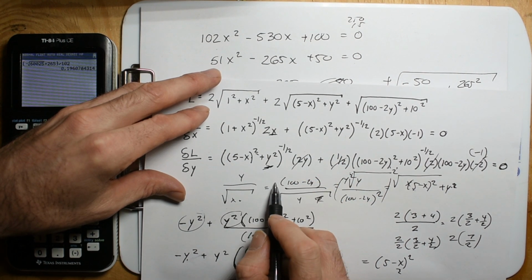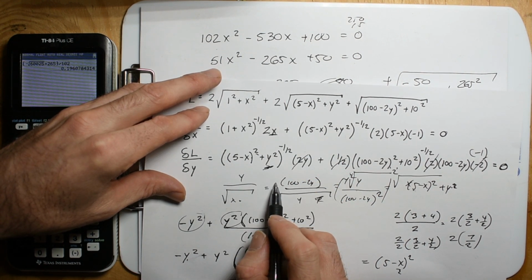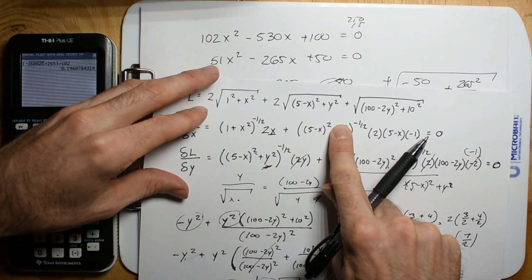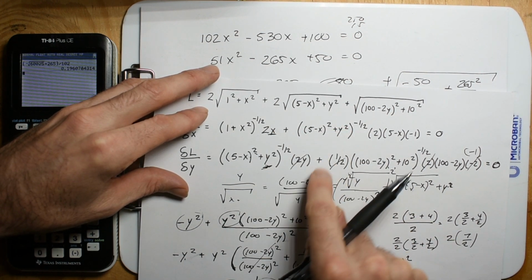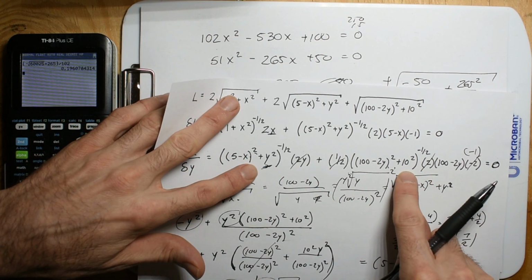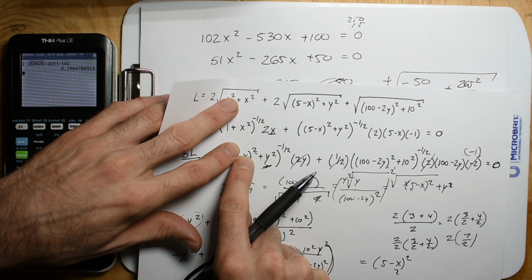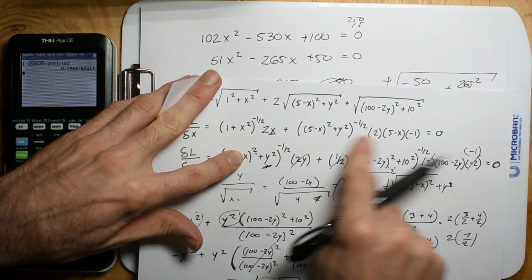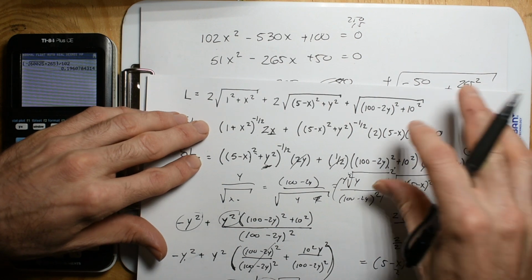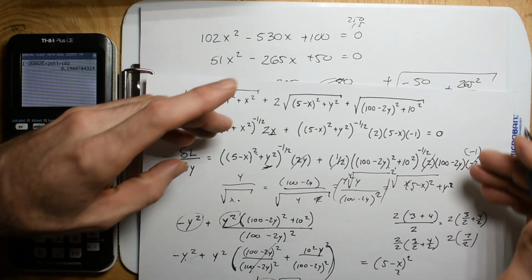One is optimized given any y, but that y might not optimize the other one. This one is optimized given any x, but any random x might not optimize this. So optimizing them both is setting both these equations equal to 0 and solving for them.